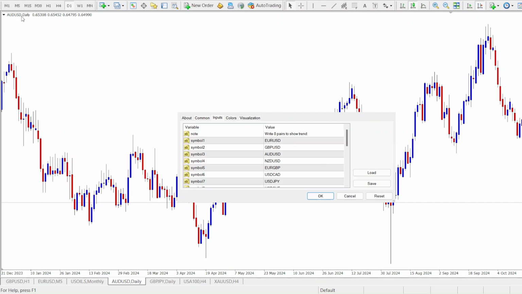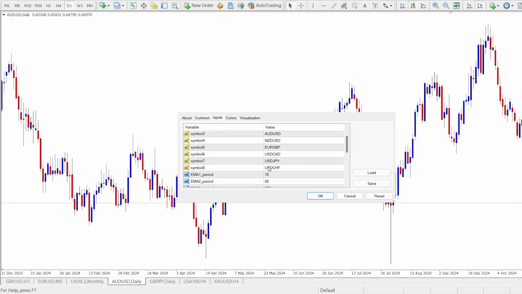For example, this is the AUD/USD chart. What matters is that it gives you signals for 8 currency pairs: EUR/USD, GBP/USD, AUD/USD, NZD/USD, EUR/GBP, USD/CAD, USD/JPY, and USD/CHF.